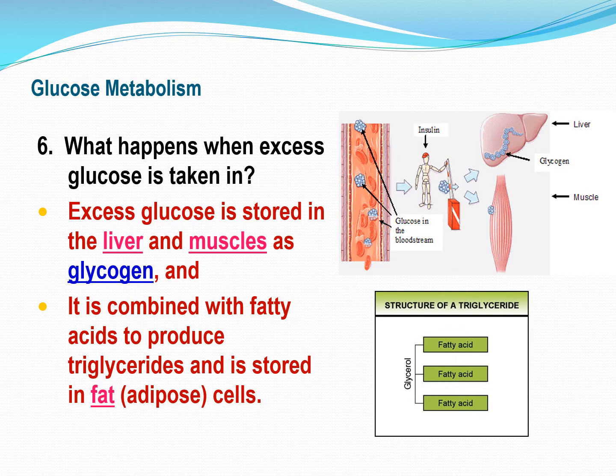And there's only so much space in your muscle tissue, especially if you don't have a lot of muscle tissue, and there's not a lot of space in your liver. It can only store so much in the form of glycogen.